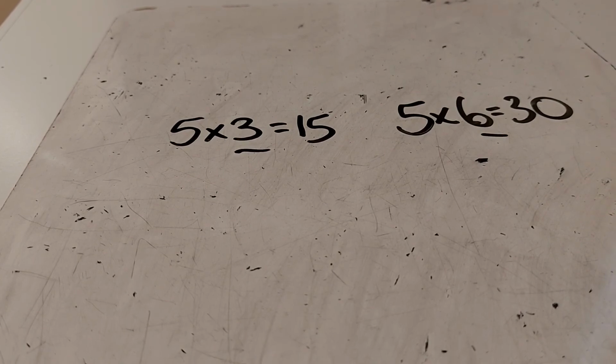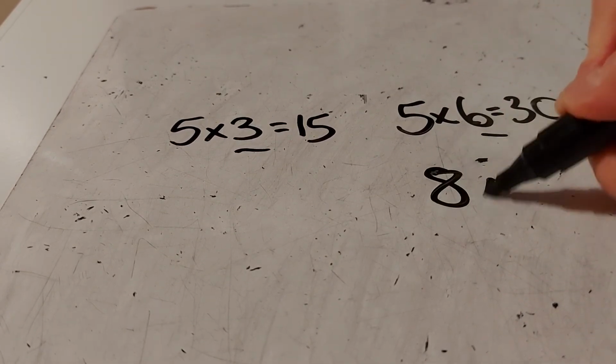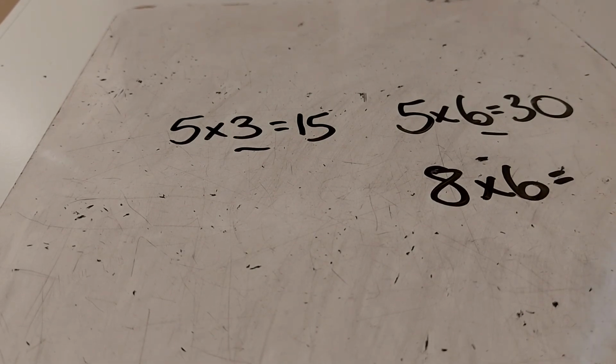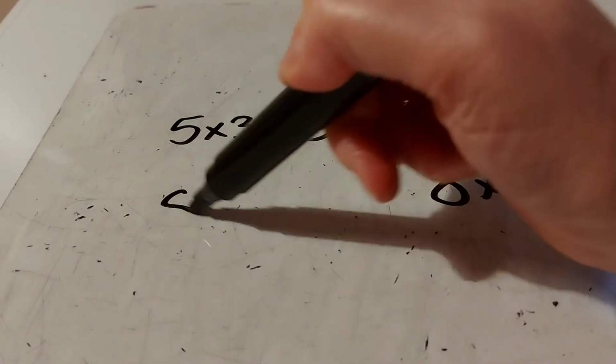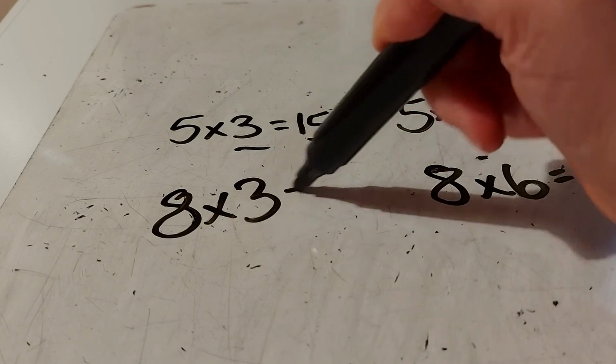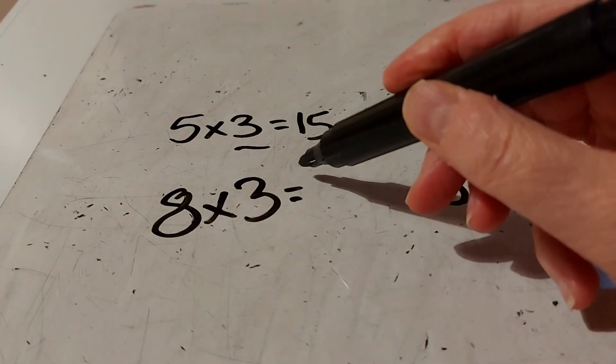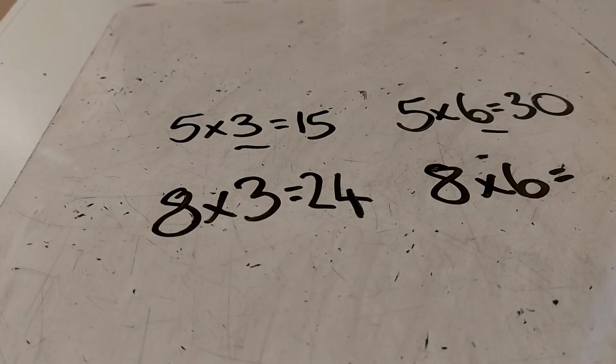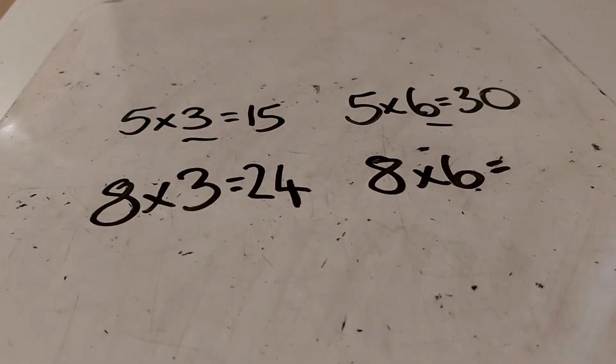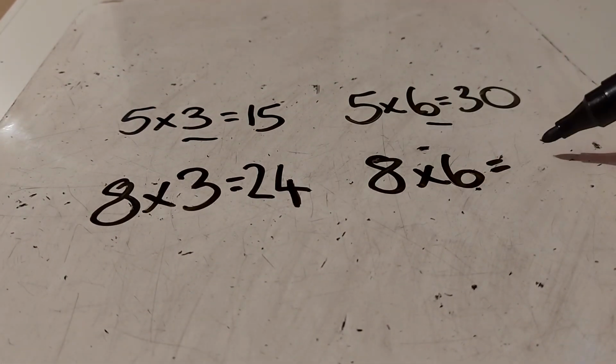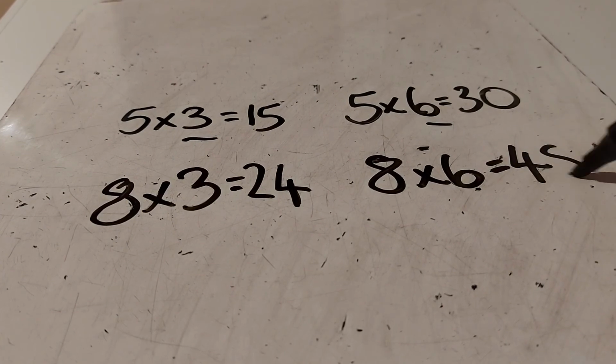Let me just do another random one. Let me say 8 times 6. And I didn't know the answer to that. I could do 8 times 3 first, which I know is 24. And then because 6 is double 3, I double the 24 and it makes 48.